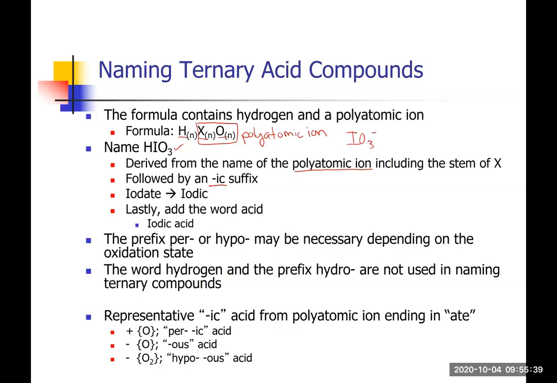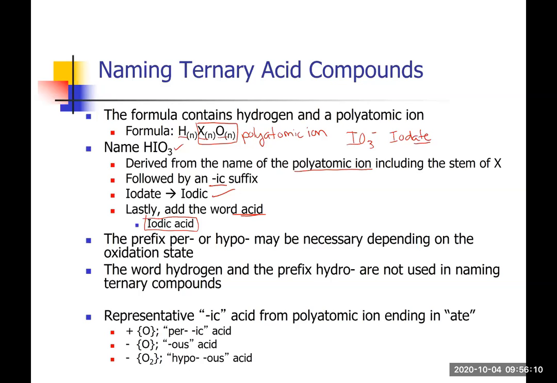And we've memorized that IO3⁻ is iodate. We will convert that -ate suffix to -ic. When we convert that -ate suffix to -ic, we go from iodate to iodic. Lastly, we're going to add the word acid, and so we get iodic acid.